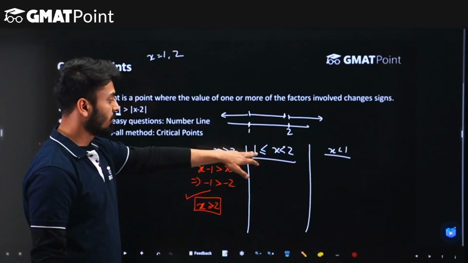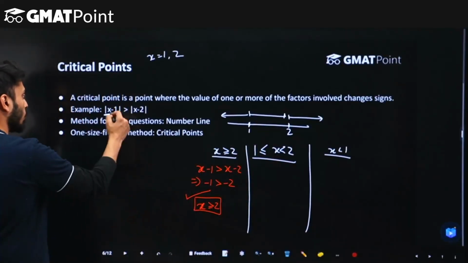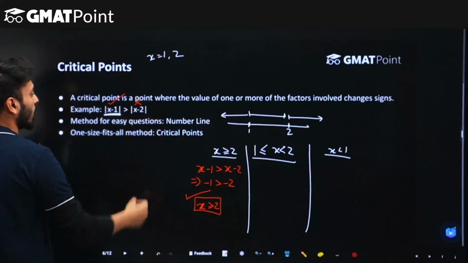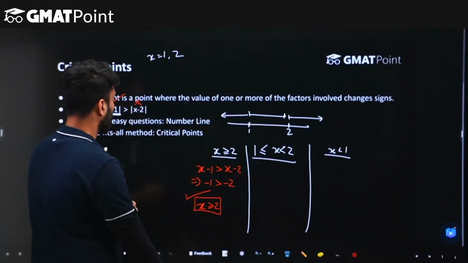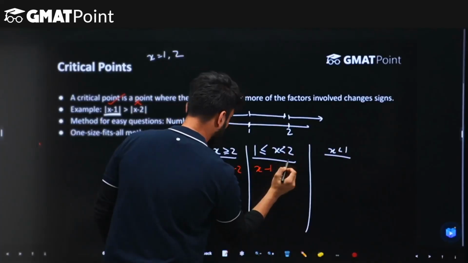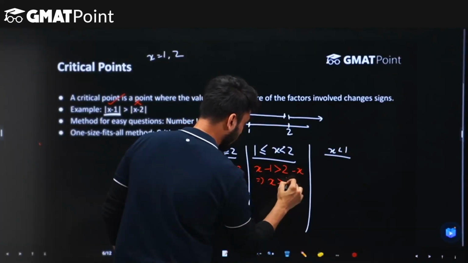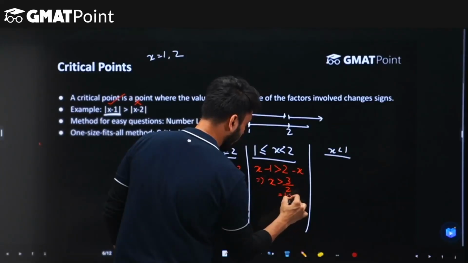In the second case, we have x greater than equal to 1 but less than 2. Since x is greater than equal to 1, this will be positive, but this will be negative because x is less than 2. So we will have x minus 1 greater than 2 minus x, which gives me x greater than 3 by 2, which is just 1.5.